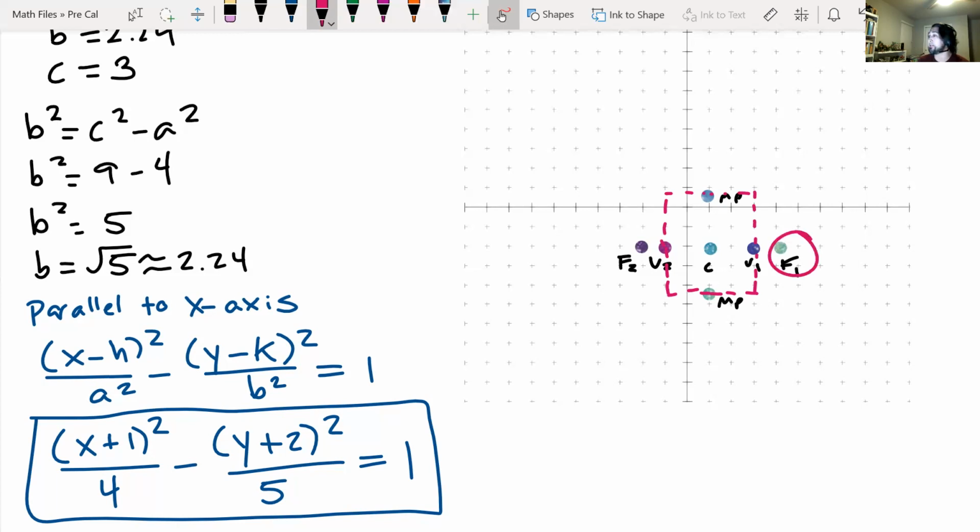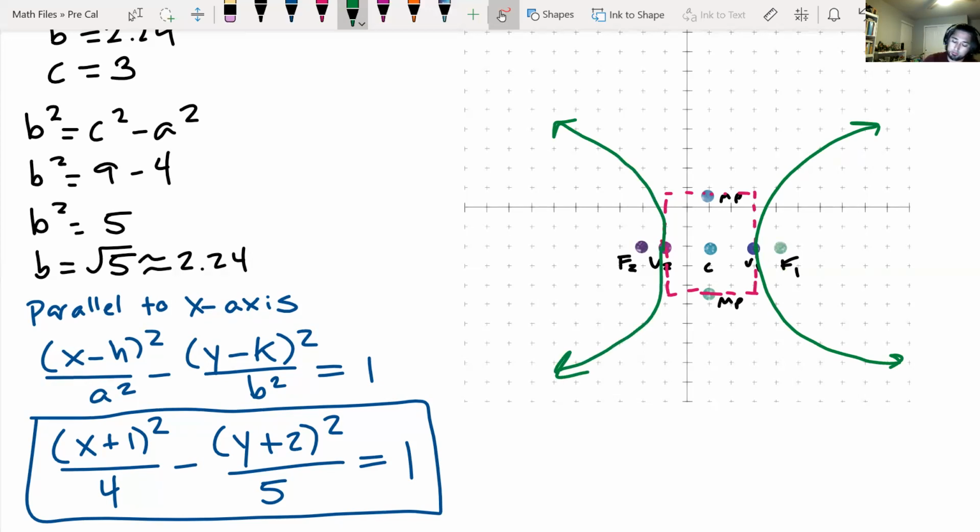Since this focus is to the right of that vertex, we're going to open to the right. The way your hyperbola opens is based on the placement of the focus. So since this focus is to the right of that vertex, we have a hyperbola that opens to the right. And over here, you have a focus to the left, so we'll have a hyperbola that opens to the left.